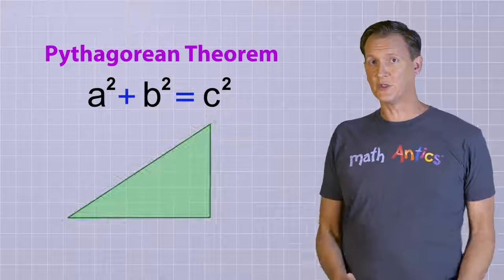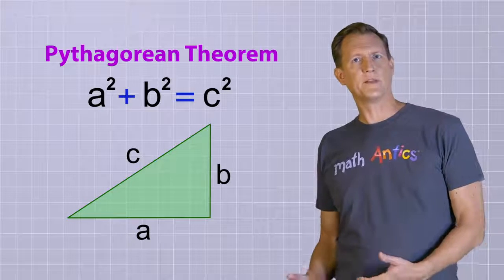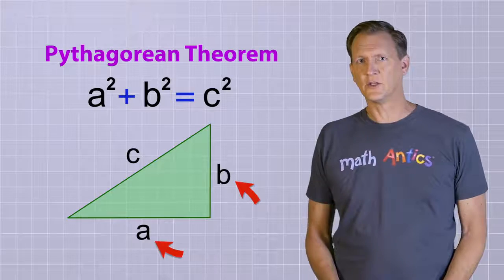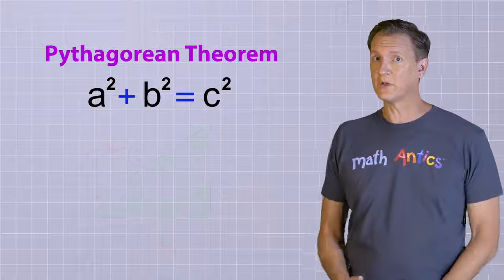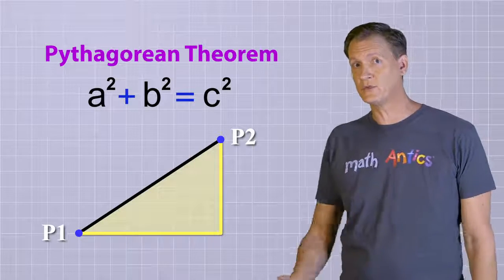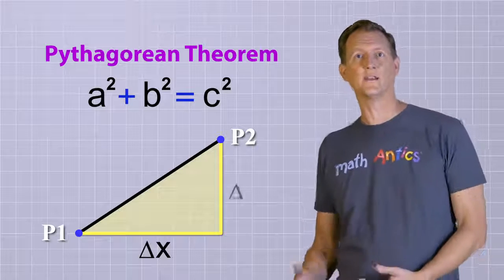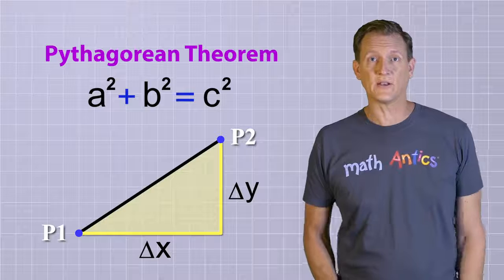Do you remember how the Pythagorean theorem tells us the relationship between the three sides of any right triangle? That means that if you know the lengths of two of the sides, you can calculate the length of the third side. Well, we just saw that if you turn a line segment into a right triangle, you can calculate the lengths of two sides, which would be delta x and delta y, right? So we can just plug those values into the Pythagorean theorem.